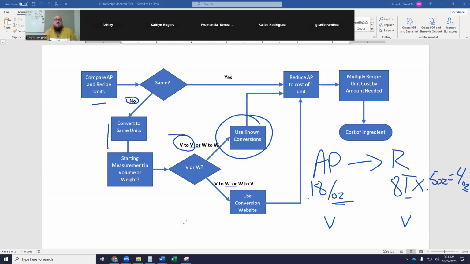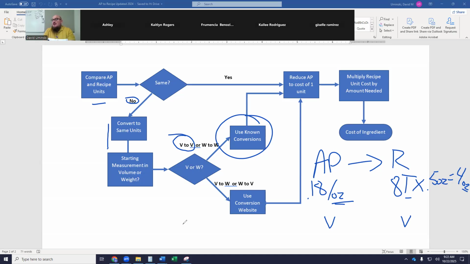This is a very common error, especially as you're working through these recipes. Just like in basic skills, we drilled into your head that a tablespoon is a half an ounce. It's a half of a fluid ounce. That's a volume measurement. A cup is 8 ounces of volume, right?